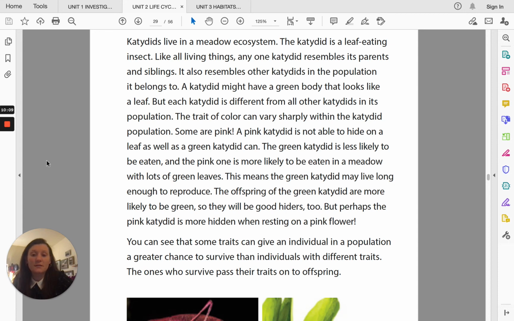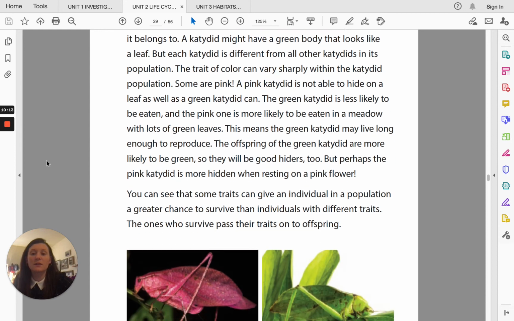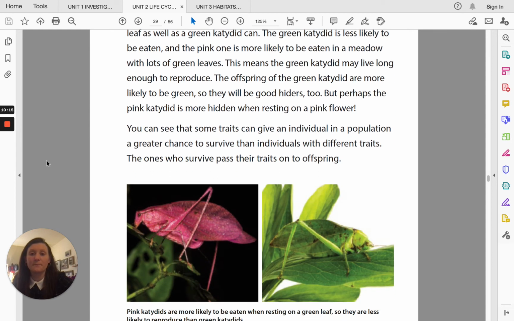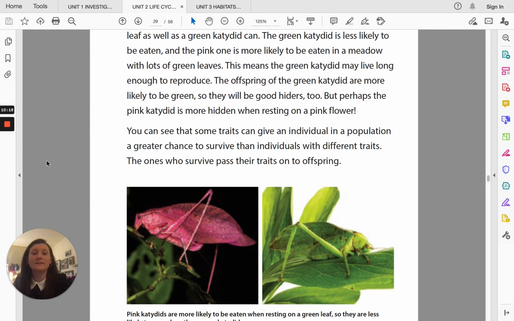Some are pink. A pink katydid is not able to hide on a leaf as well as a green katydid can. The green katydid is less likely to be eaten, and the pink one is more likely to be eaten in a meadow with lots of green leaves. This means the green katydid may live long enough to reproduce.